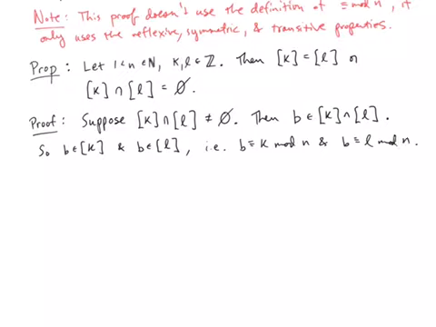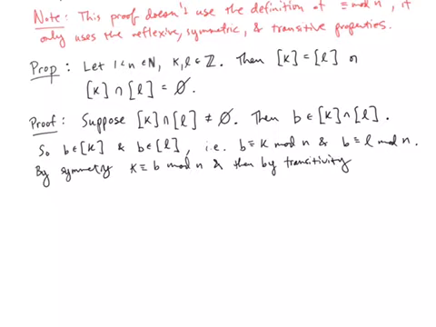So by symmetry, k is equivalent to b mod n, and then by transitivity, so you have your b here and your b here, that's going to say that k is equivalent to l mod n.